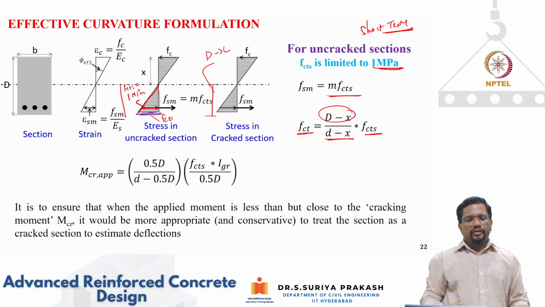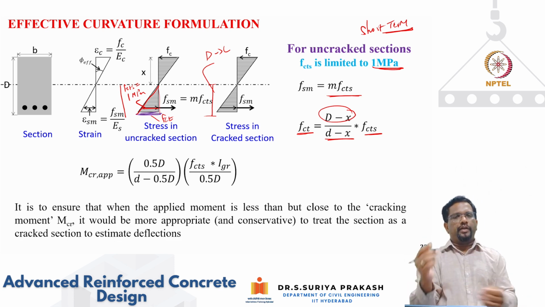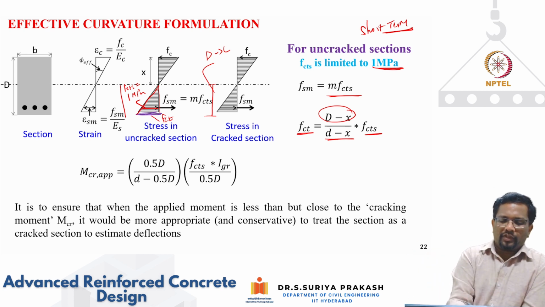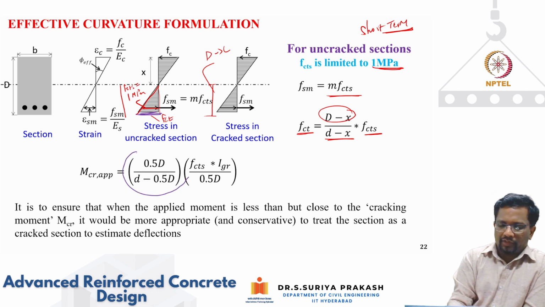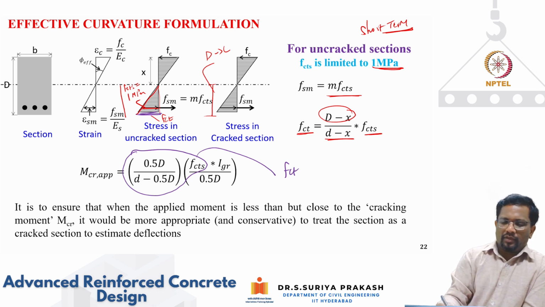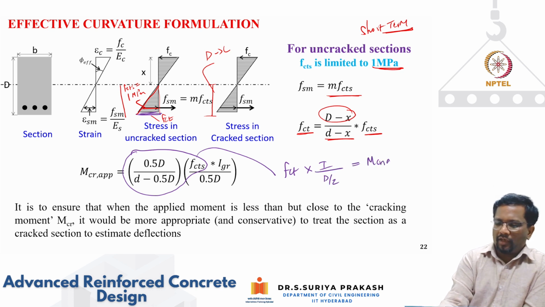Okay, so now how do I get this apparent cracking moment with the reduced level of 1 megapascal? What we have done here is this conversion, which is actually equal to FCT. So then it becomes your apparent cracking moment: stress multiplied by moment of inertia divided by d by 2 will give me M cracking apparent.